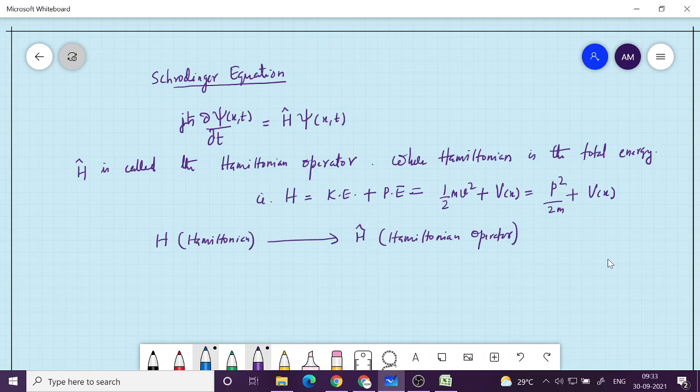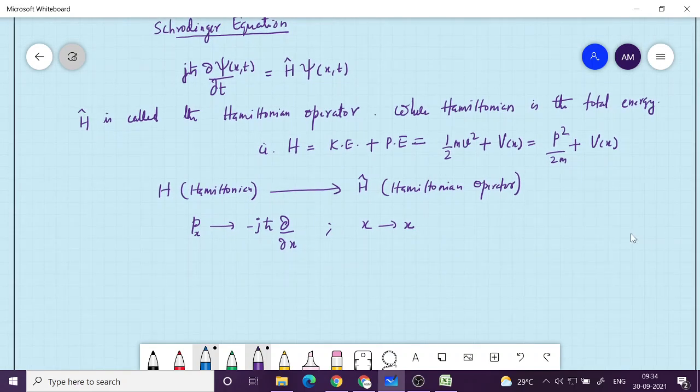Now the way to go from here is, wherever p appears, you replace it with minus j h bar ∂/∂x. Okay, if it is one dimension, then you have only px replaced with this, and x will remain as x, and there will be no change to it.